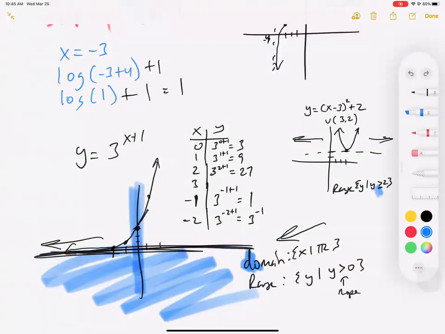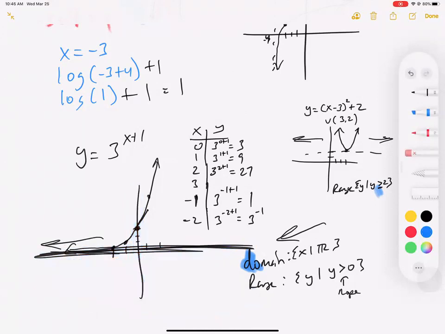It doesn't go down because, let me rewrite this real quick. Y to the 3, whatever value this is, will this ever equal 0? It'll never equal 0. That's why we never touch the x-axis here.